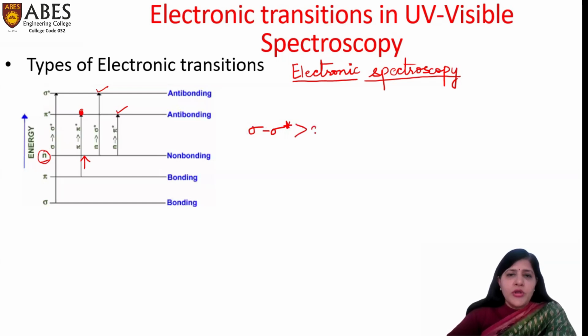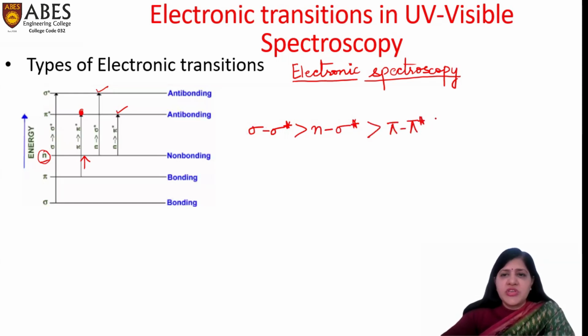Then we have non-bonding to sigma antibonding transition, then pi bonding to pi antibonding transition, and then non-bonding to pi antibonding transition. This is the sequence of energy of these transitions.